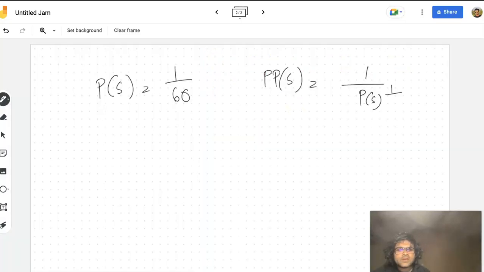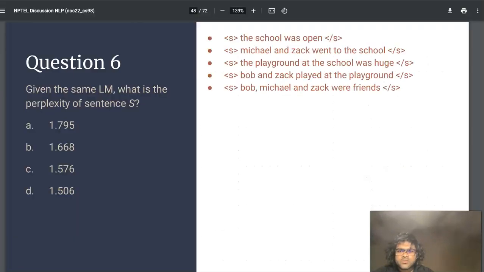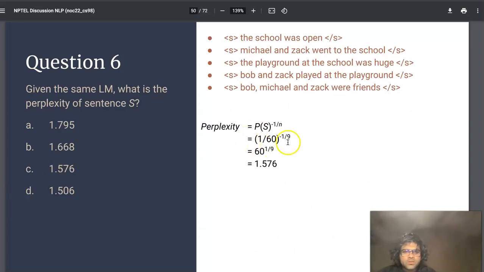So it will be 1 by 60, to the power 1 by 9. You calculate the value and it will be about 1.576. So this is the perplexity.